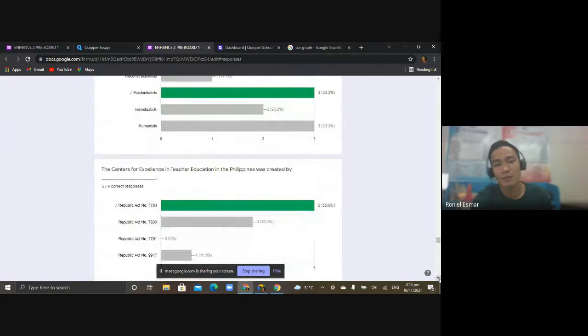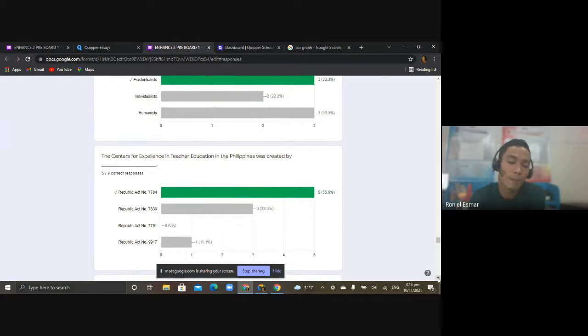So that's in an existentialist perspective. Next, the Centers for Excellence in Teacher Education in the Philippines was created by which of these Republic Acts? Obviously, it is not RA 7836. That is the Teachers Professionalization Act, which covers the qualifications to become a board member, qualifications in taking the licensure examination for teachers, and conditions in the practice of the teaching profession.